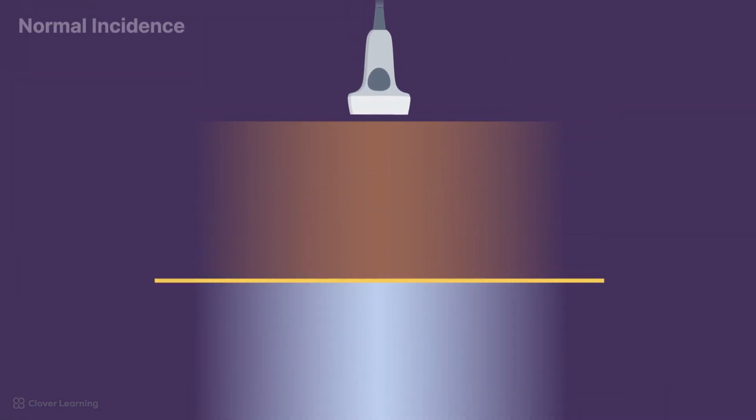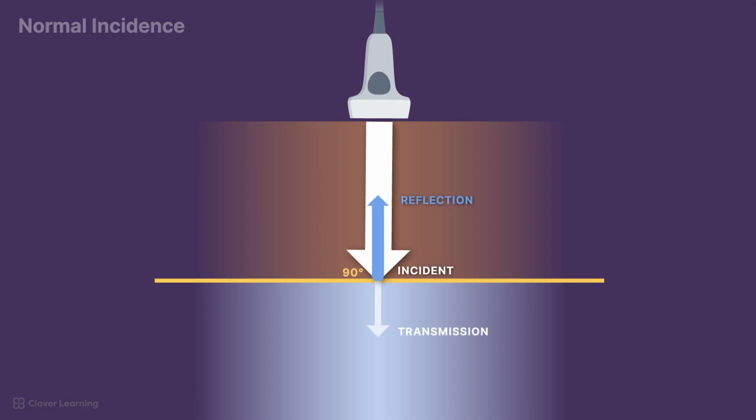In normal incidence, when the beam strikes the boundary between two mediums at 90 degrees, the reflected and transmitted waves will travel along the same path as the incident wave. This means the reflected energy will travel back along its original path, while the transmitted energy will continue forward on its original path.